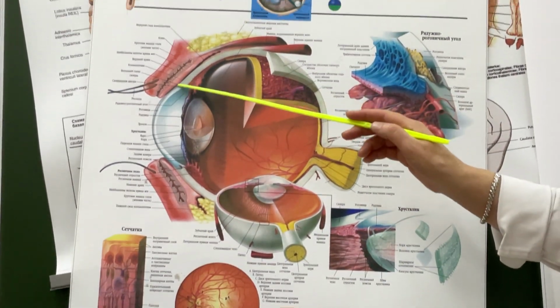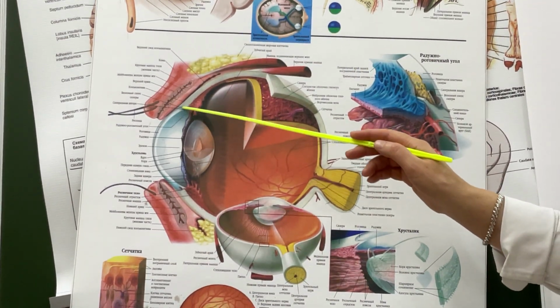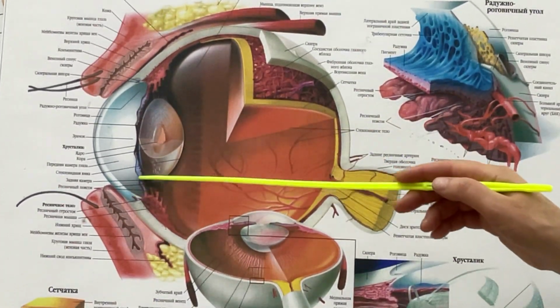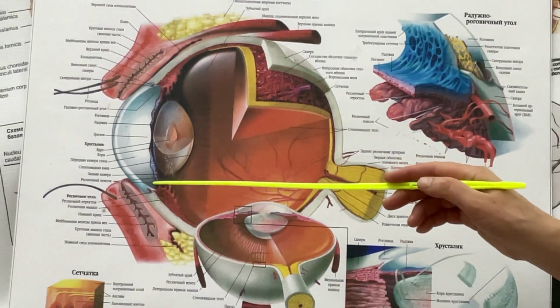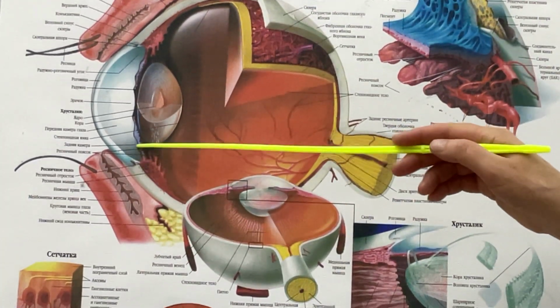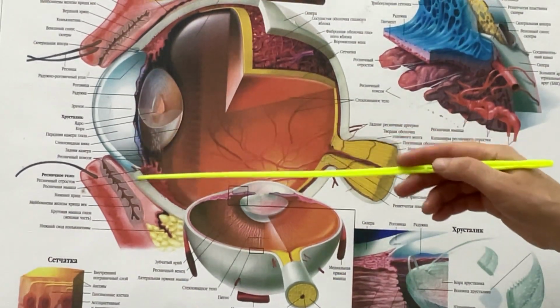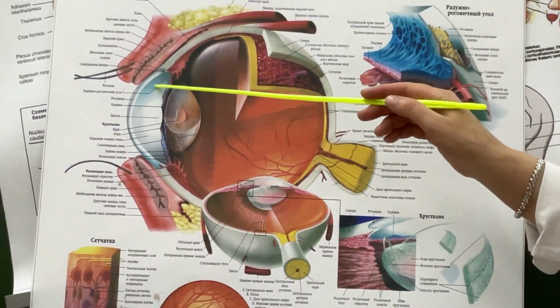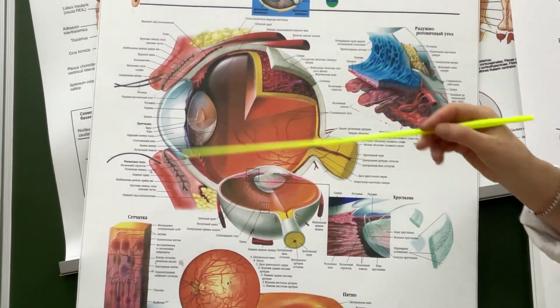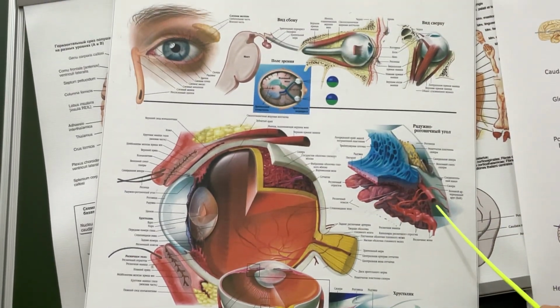And this pathway to the Schlemm canal runs through the angle between the cornea and iris. It is called the iridocorneal angle. Here there are trabeculae which lead this fluid into the venous sinus of the sclera.